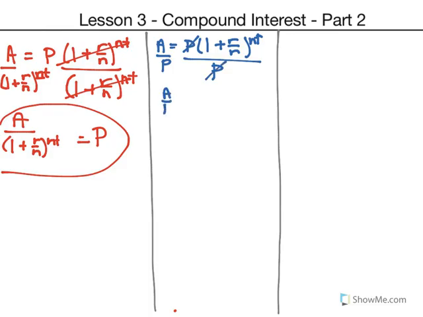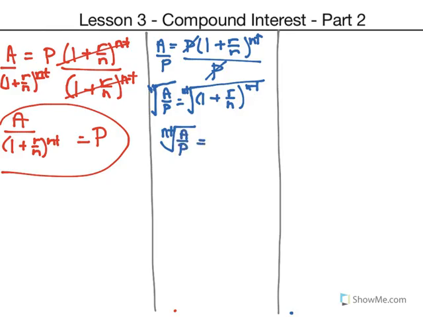What we're doing is isolating the one that is raised to a power. Now we take whatever root that is, whatever n times t is. So we have the ntth root of A over P is equal to 1 + r/n.